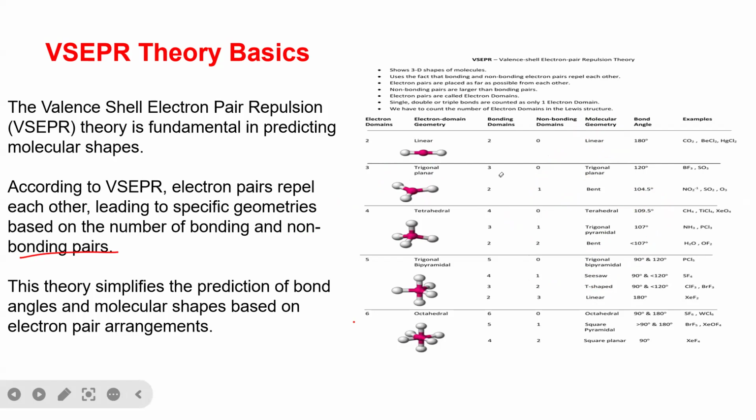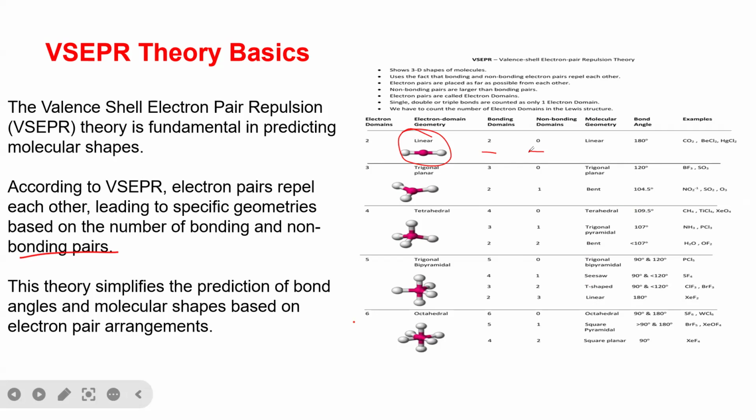We have a linear shape, and the bonding domain is 2 and the non-bonding domain is 0.